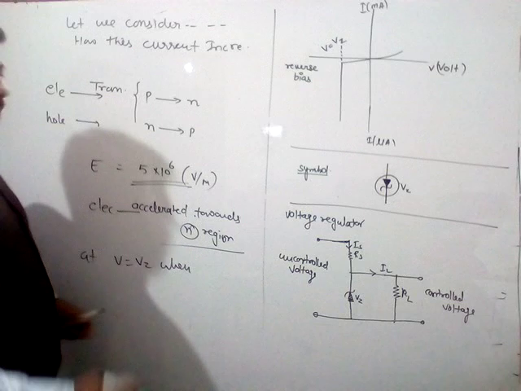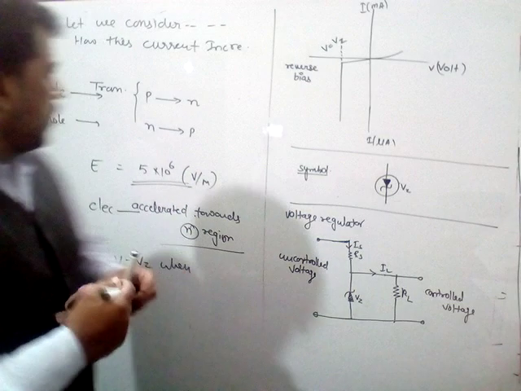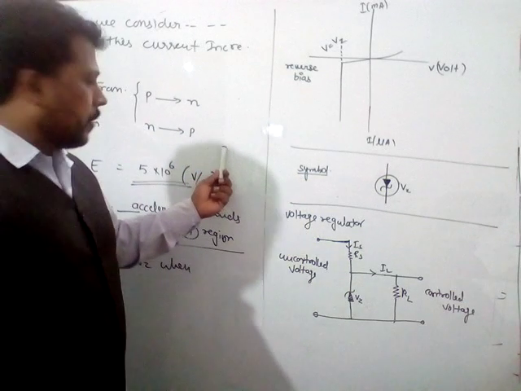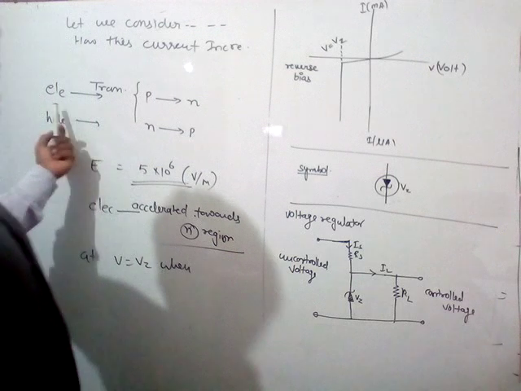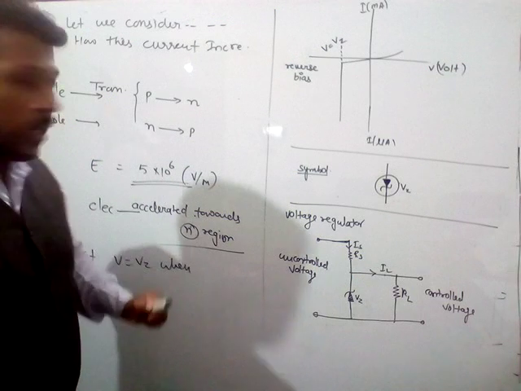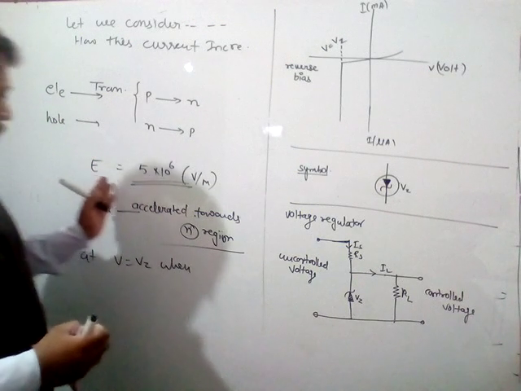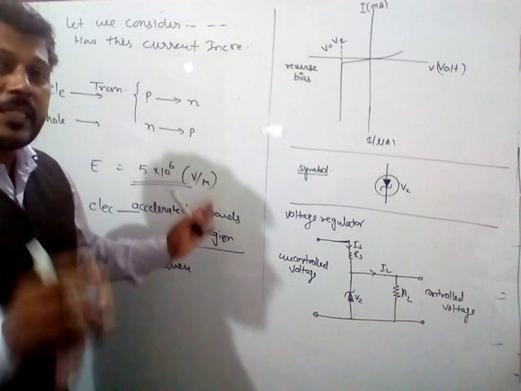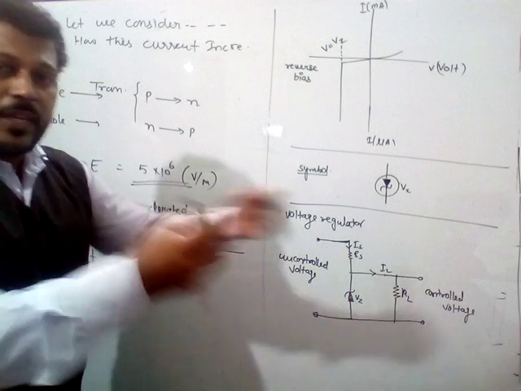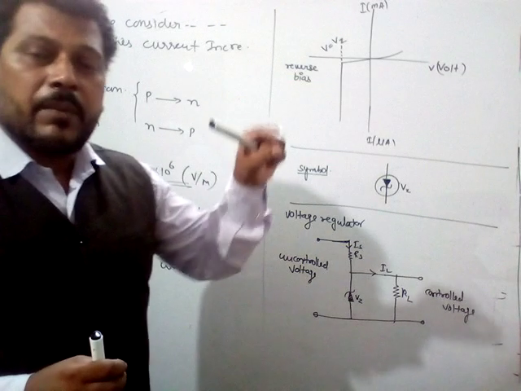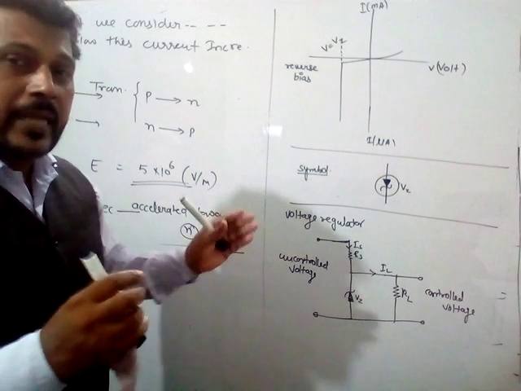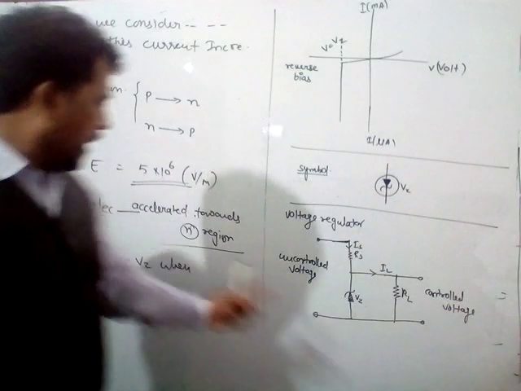Okay, so simply we can say that this current increases whenever electrons are transmitted from P to N and holes from N to P. So this reverse current increases due to the movement of electrons from P to N and holes from N to P, and whenever this strong electric field is produced, it becomes suitable at the V equals Vz situation for withdrawing those electrons which are available in the P region and accelerated towards the N region.